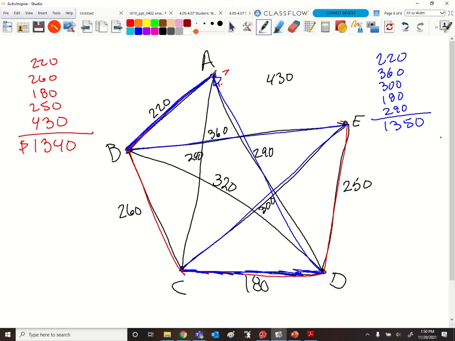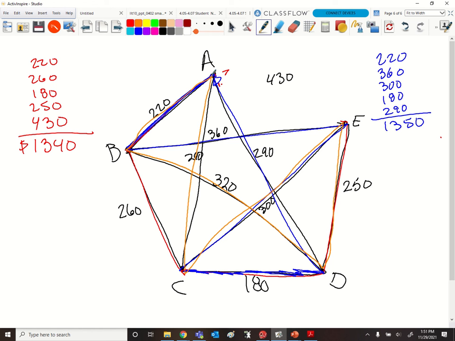Yeah, you have an orange. Wouldn't that make more sense though? Let me see. Did you hit everything? You hit A, B, hit C, hit D, hit E, and then you're back to A.